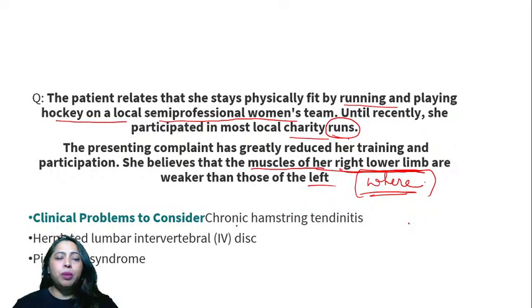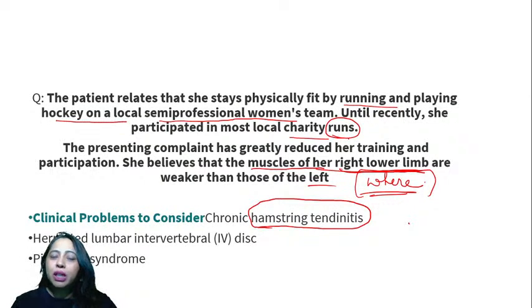So clinical problems to consider here would be, one is hamstrings. Sometimes the hamstrings undergo tendinitis, inflammation of the tendon, because these lower limb muscles have a common tendinous insertion. Achilles tendon has a common tendinous insertion because of the gastrocnemius muscle.